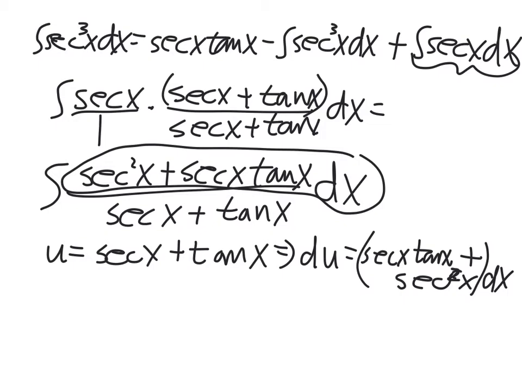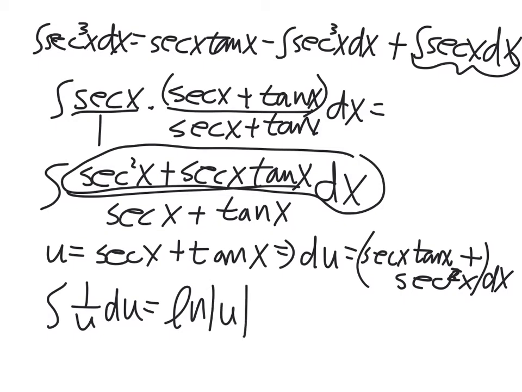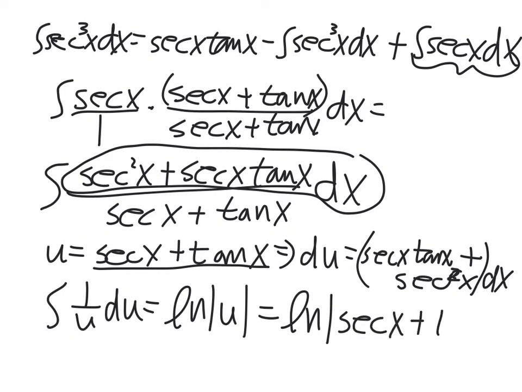So really, we just have du over u, or 1 over u du, which by now, I hope this is automatic. Natural log of the absolute value of u, which u, again, was our secant x plus tangent x. So the natural log of secant x plus tangent x.